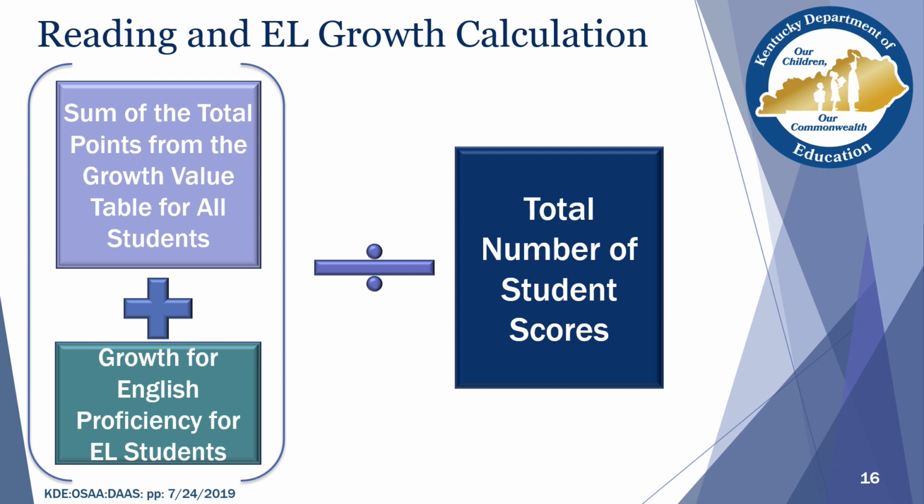According to our calculation, we take the sum of the total points from the growth value table for all students and add the growth points for English proficiency for EL students and divide that number by the total number of student scores. The total number of student scores will include the number of English proficiency tests as well. Okay, now I really do need an example with numbers for this one.